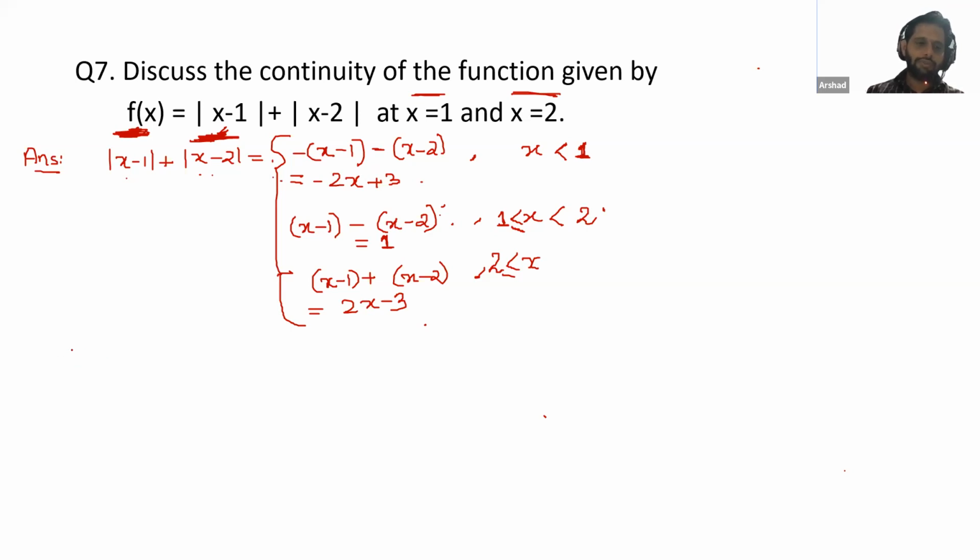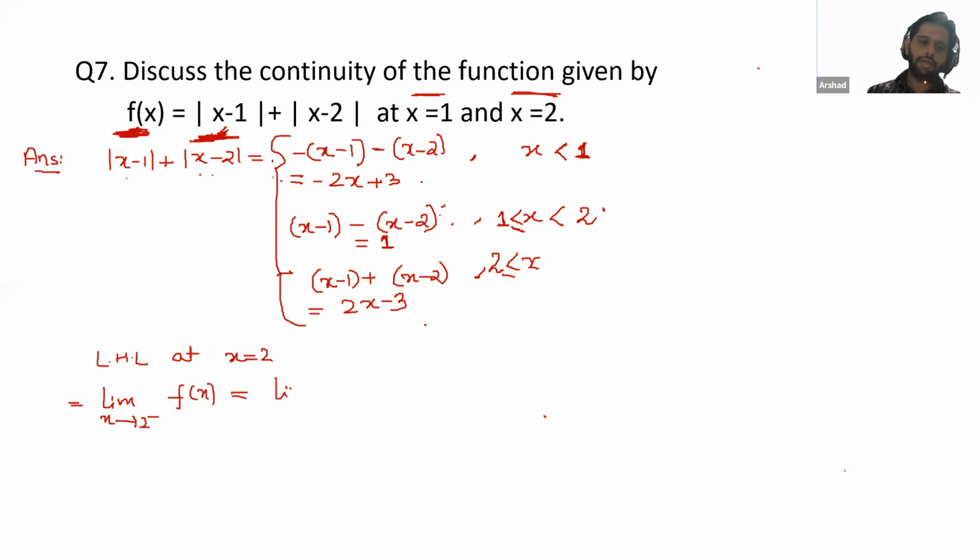So this is the second one. We will first find LHL, LHL at x is equal to 2. That means limit x tends to 2 minus f(x).